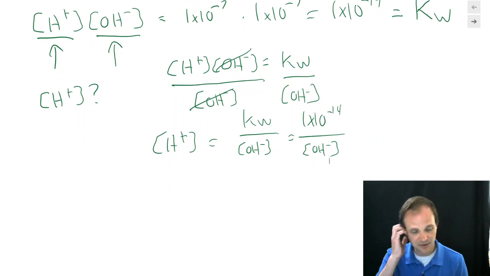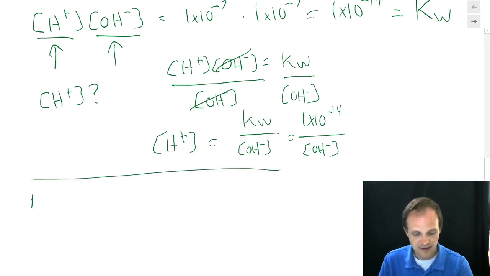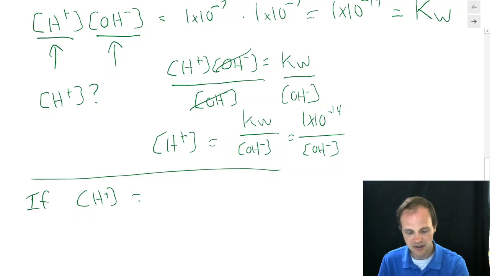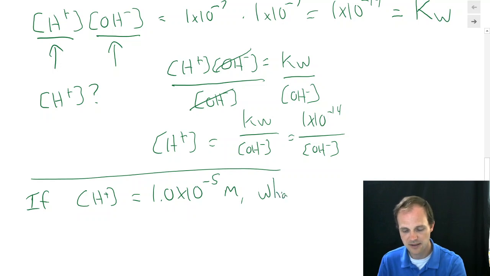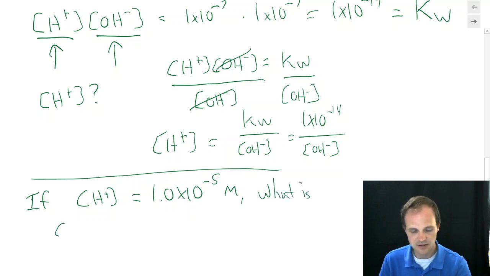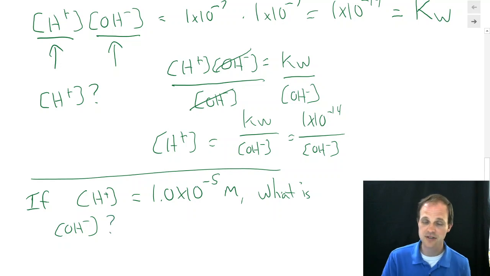So as an example, if we know that the concentration of H plus in a solution is 1.0 times 10 to the minus 5th molar, and we want to know what is the concentration of OH minus in that solution, then we can just solve this equation.